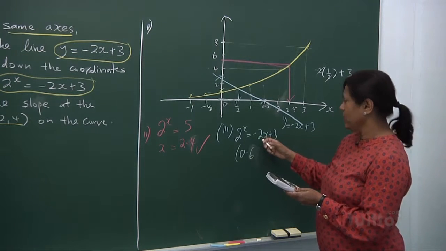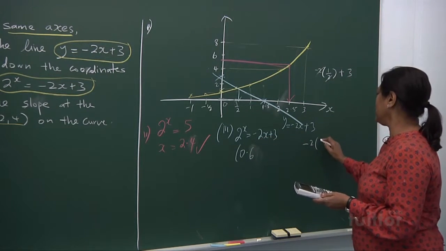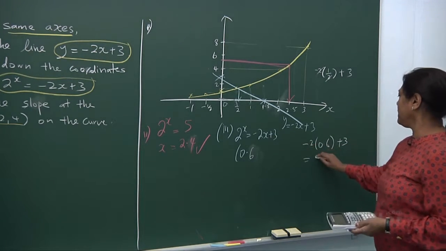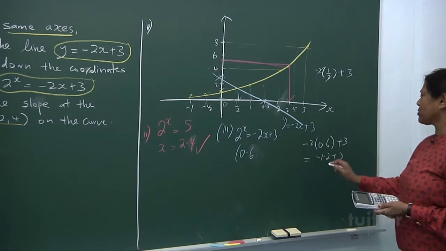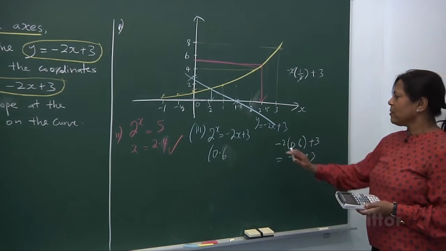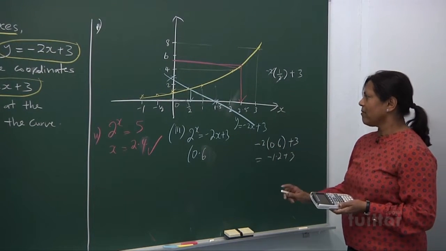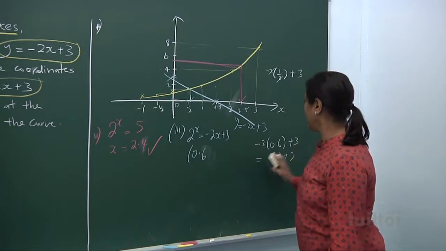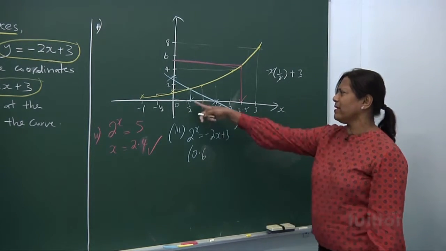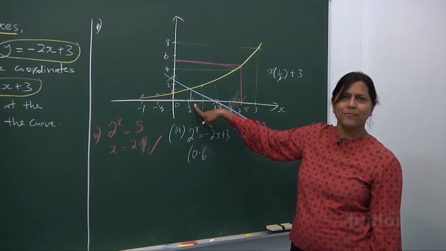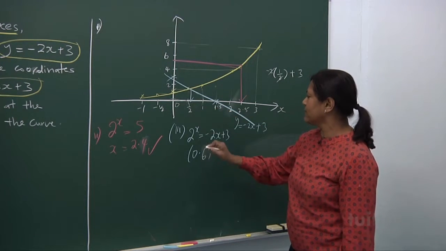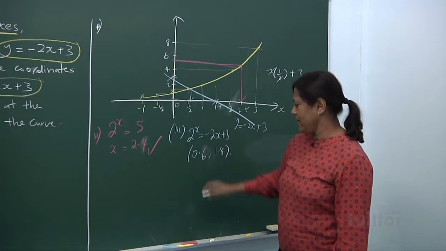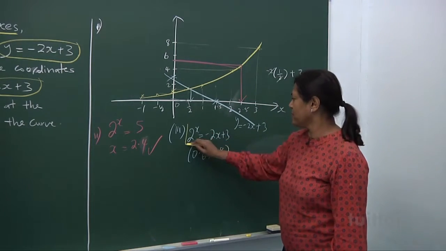And if you look at it here, minus 2 times 0.6 plus 3, you get minus 1.2 plus 3, you get 1.8. So both answers nearly match. So I would choose to take the answer 0.6. It's a little off for 0.5 too. So I'll put it as 0.6 and my y is about 1.8. That is the coordinate when the two graphs meet.